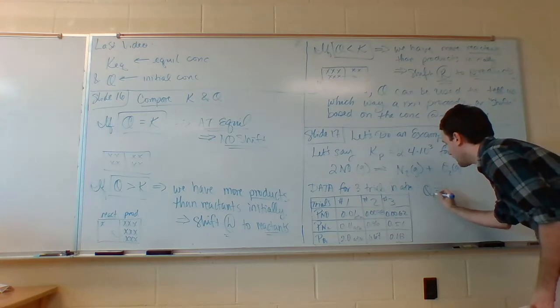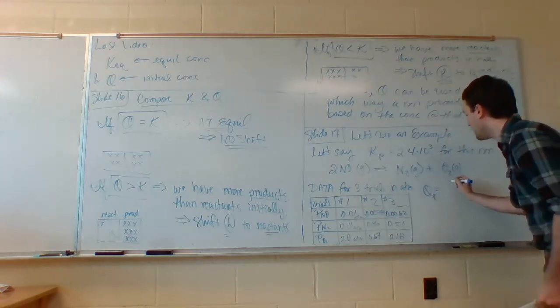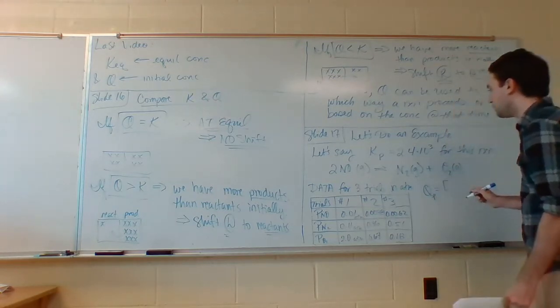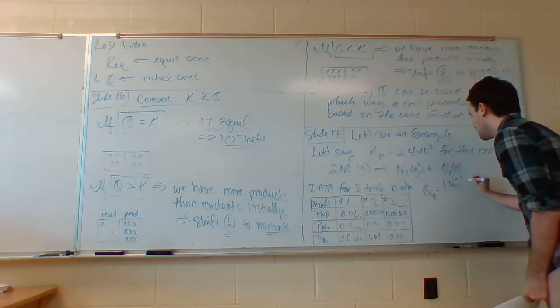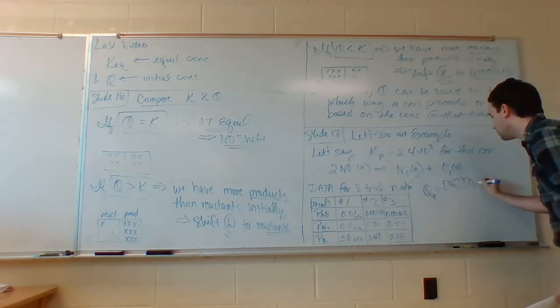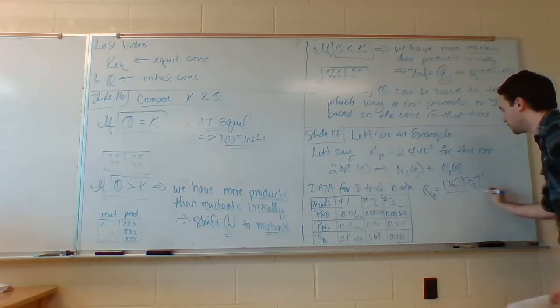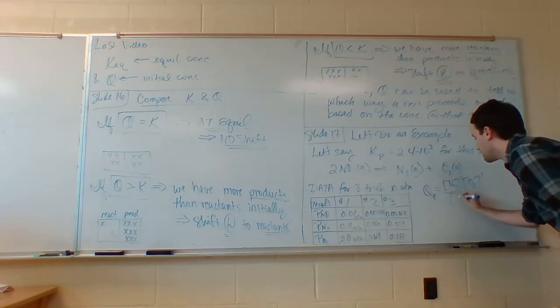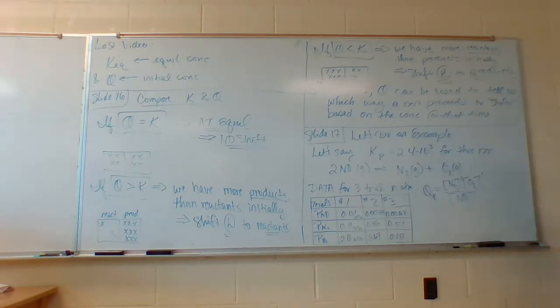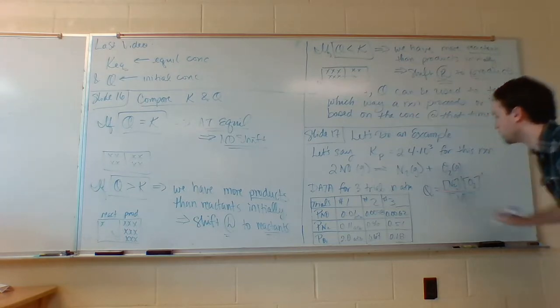So in this case, we're going to have a little Q_p, and that's going to be equal to our concentration of our products, N2 raised to the first, and O2 raised to its stoichiometric coefficient, which is 1, divided by our concentration of NO initially, raised to the second. That would be for concentration.